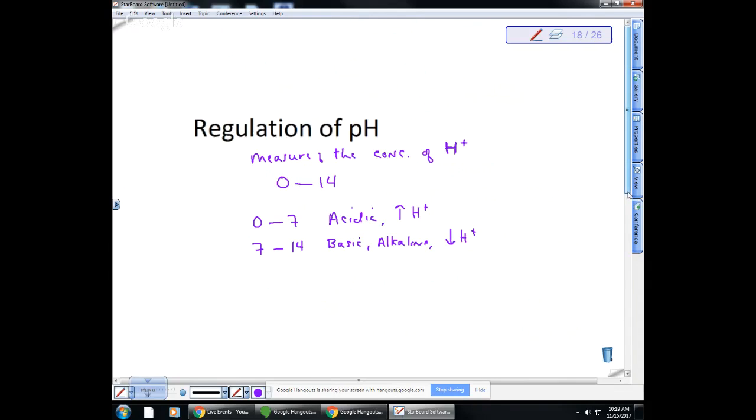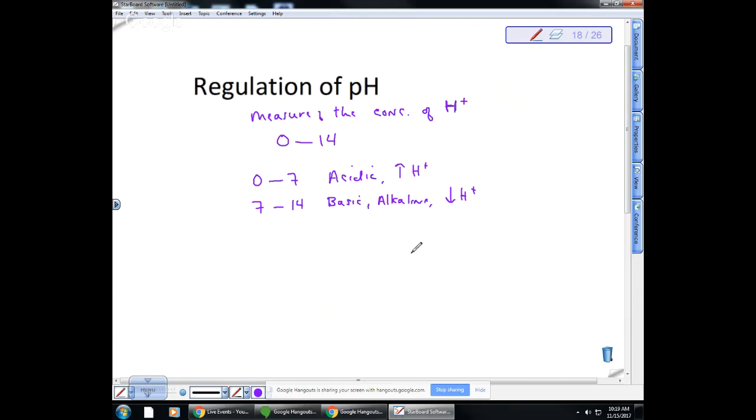Okay, so we have to maintain a relative concentration of pH in our body fluids. And so the maximum range for life is, I wrote this down because I thought it was interesting, 6.8 to 7.8.